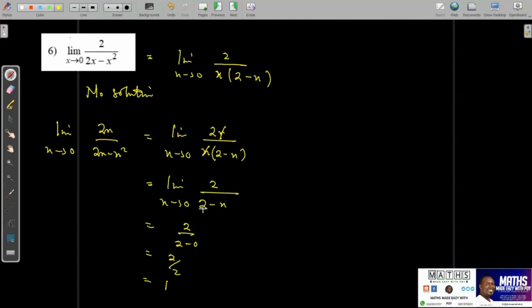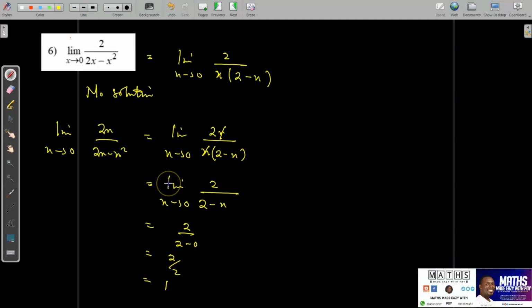It would have been different if we were looking at x approaches infinity. But for now, if the question still stands as this, then there would have been no solution to it. Or if it was a typographical error and the question should have been 2x over 2x minus x squared, the procedure would have been this.